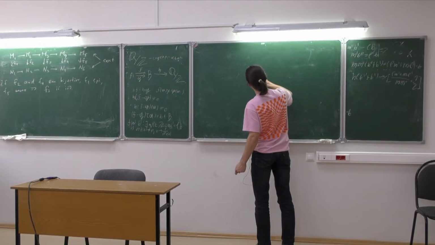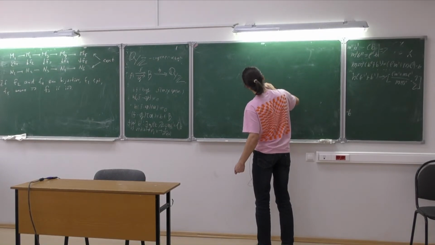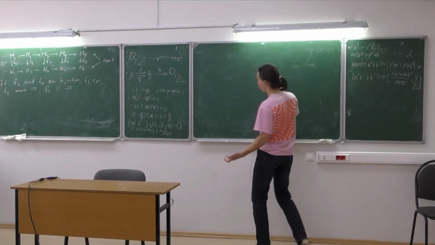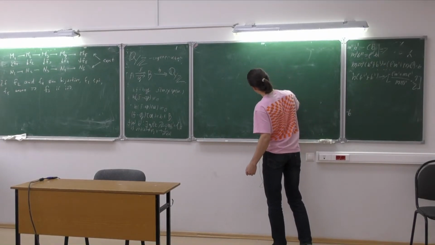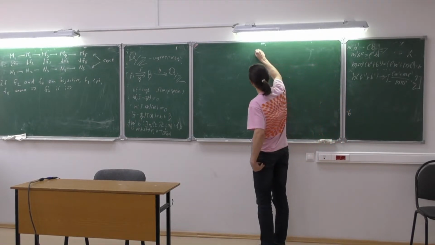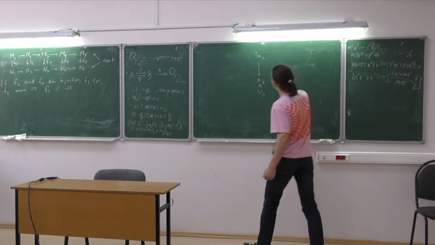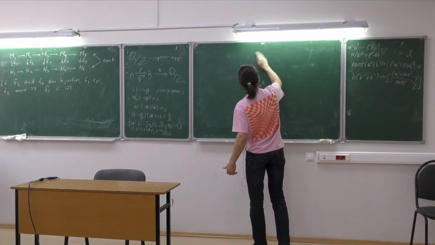So suppose we have some element N3 in N big 3. We want to find some M3 which maps to it. So how do we go about this?